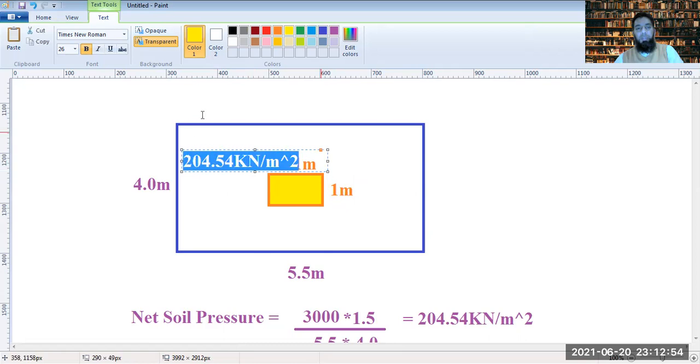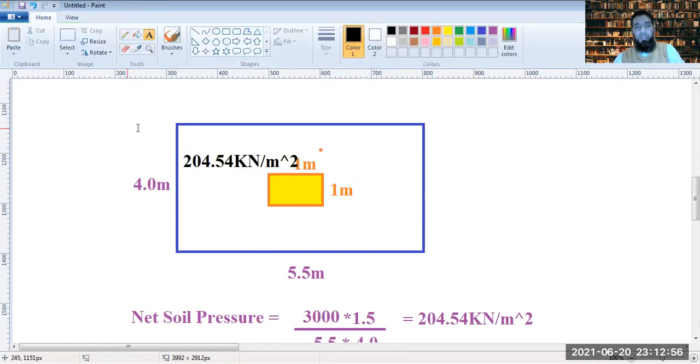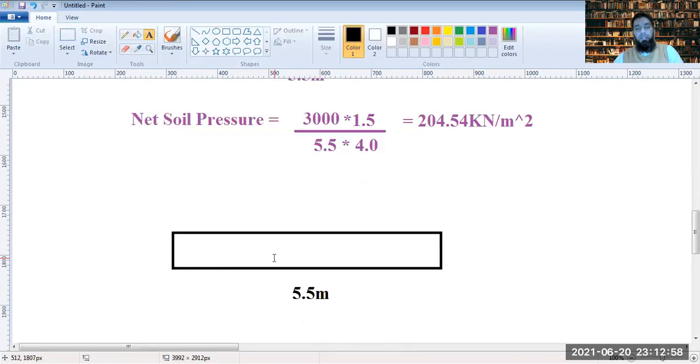So that would be the pressure exerted on this portion of the soil. So this is actually the soil pressure exerted onto the footing, from the soil onto the footing.